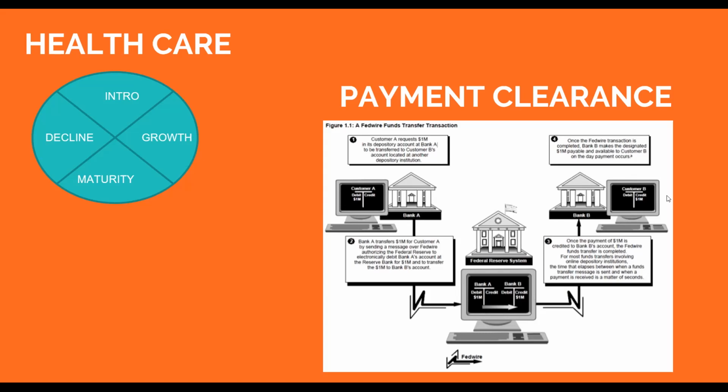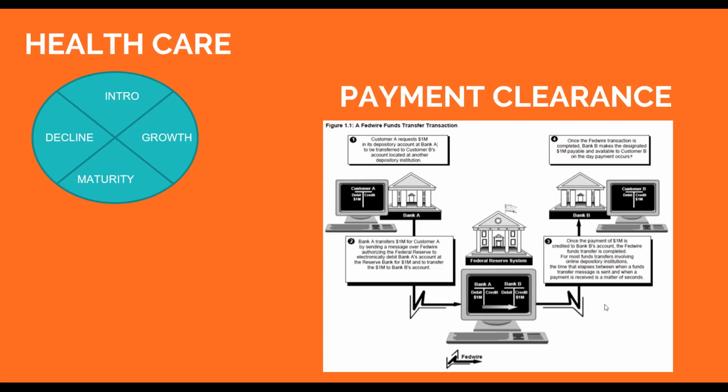Customer B has the account in BTMU Bank, and BTMU Bank has its account in the Federal Reserve System. So when the instruction from customer A goes to Bank A, the debit from customer A's account happens, then the credit to Bank A's account happens. Now Bank A instructs the Federal Reserve System to debit its account of $1 million and credit it to Bank B. Then Bank B has the credit of $1 million.